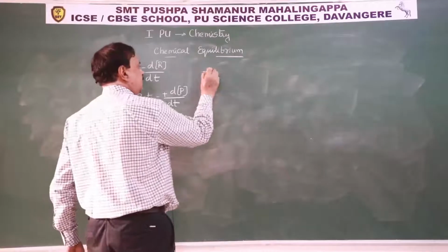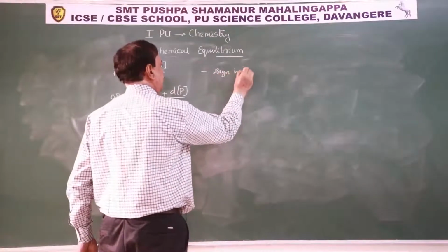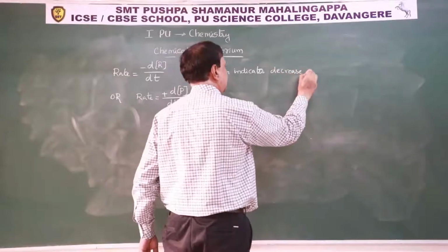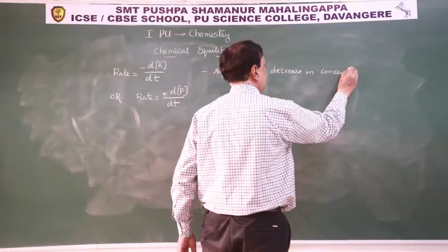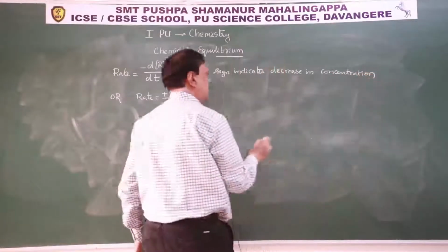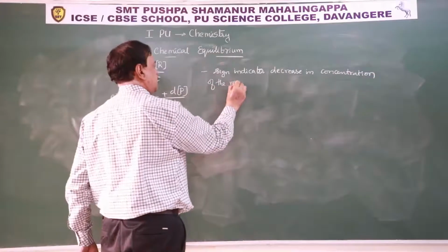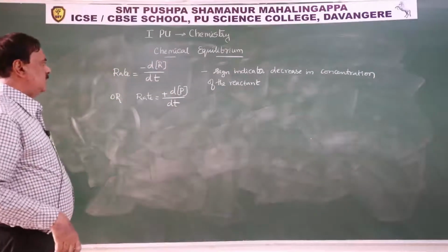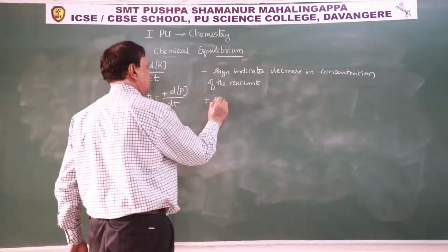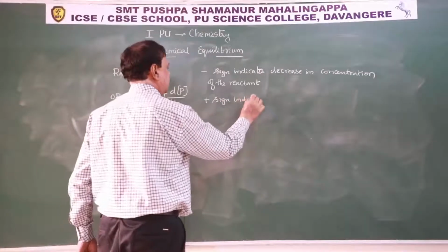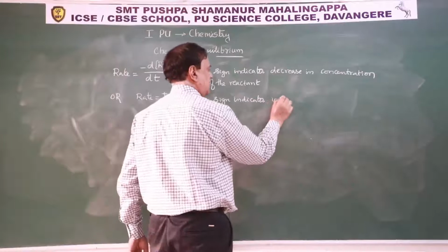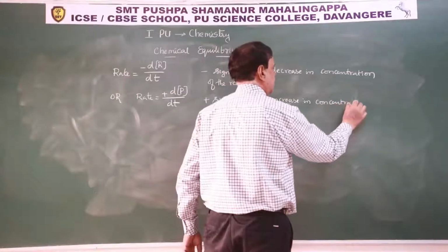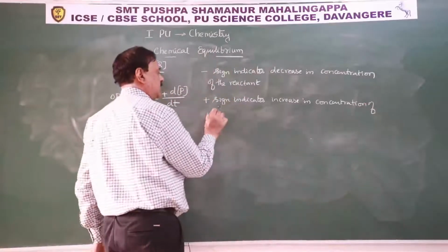Whereas a minus sign indicates decrease in concentration of the reactant, and plus sign indicates increase in concentration of the product.